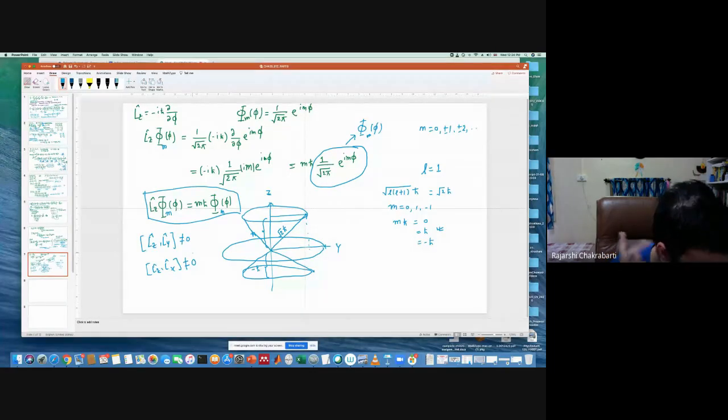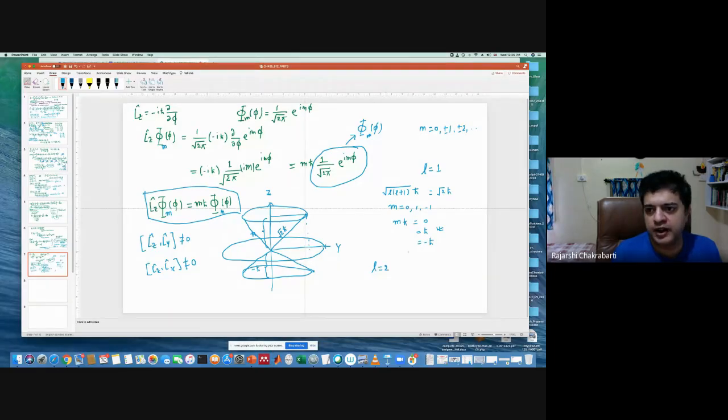The vector should have a cone like shown here. So the values of Ly and Lx could be anything. What I know is the length of the vector and the projection of the vector on the z-axis. Okay, so if I do the same thing for L equal to 2: L equal to 1 means this is a P state, and L equal to 2 is what?